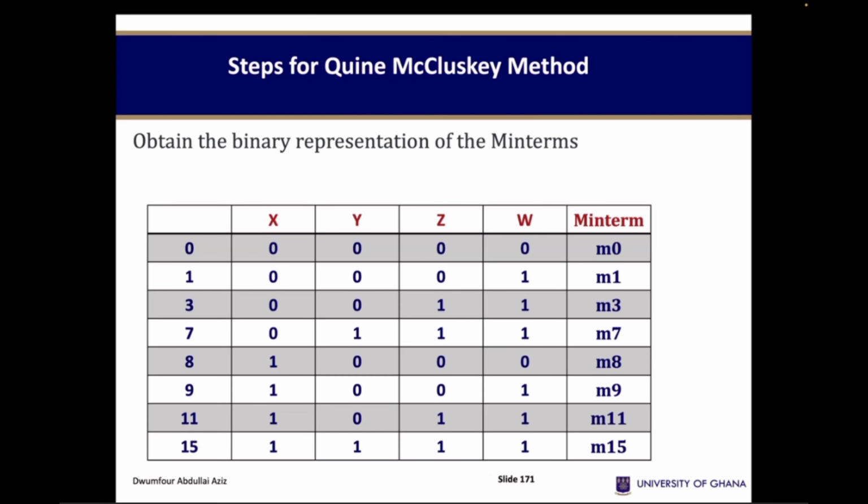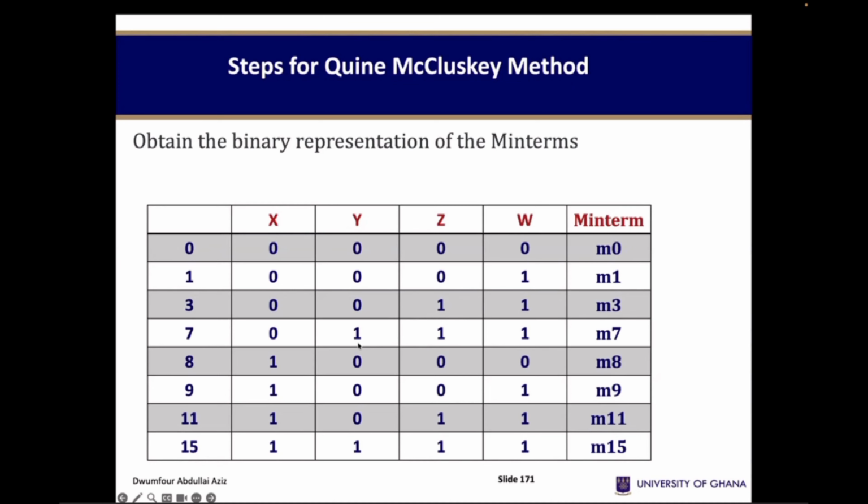So we are going to write all our minterms in their binary representations, right? We are writing our minterms in their binary representation. It just means that we are writing all these things in binary. That's all.